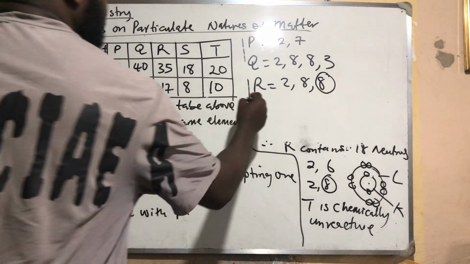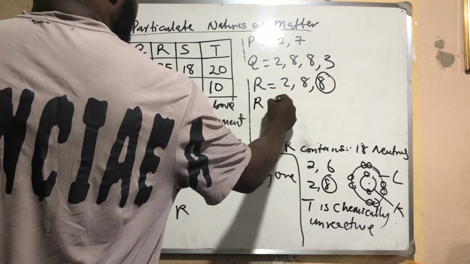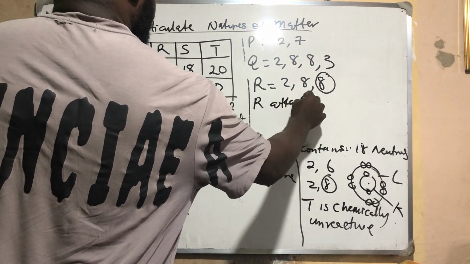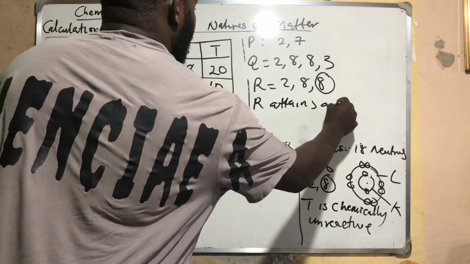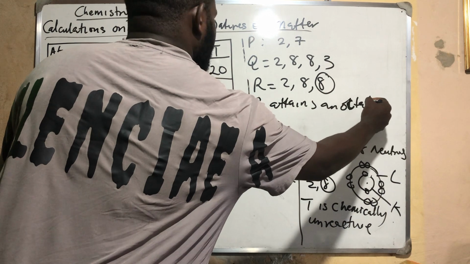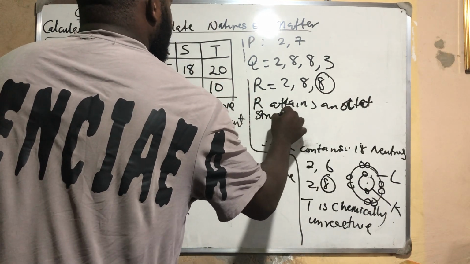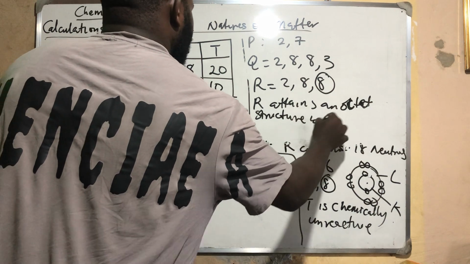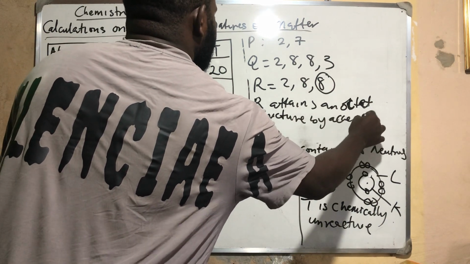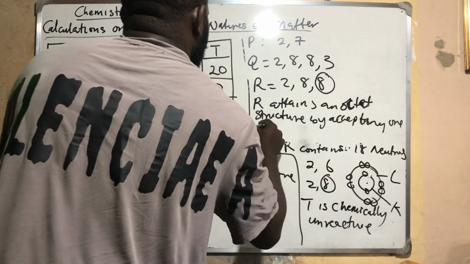So you now see that R attains an octet structure by accepting one electron.